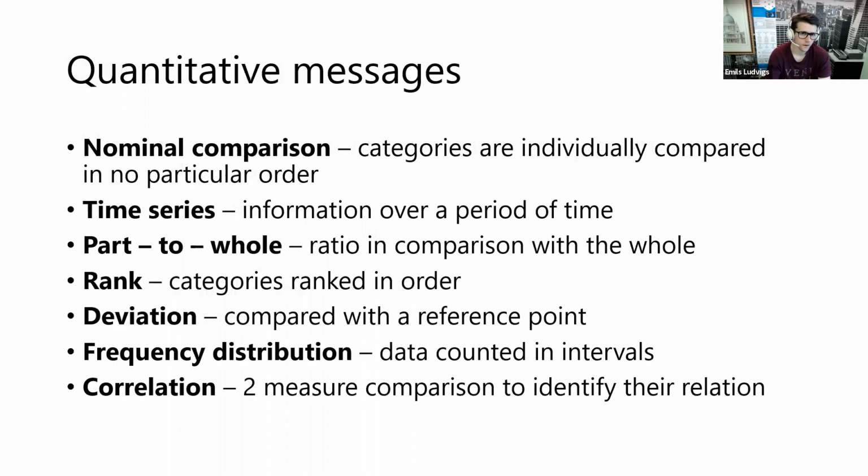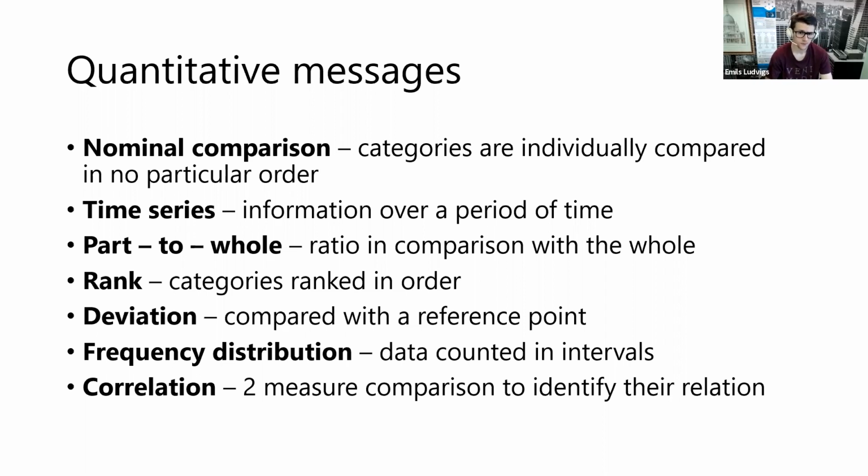When we are sending these quantitative messages, it's nice to think about the types we can send. The first one is nominal comparison, where there's no particular order, they are just individually compared. For example, we have segments with specific sales amounts, and we are comparing them in bar charts. For this kind of message, bar charts are the best visual.